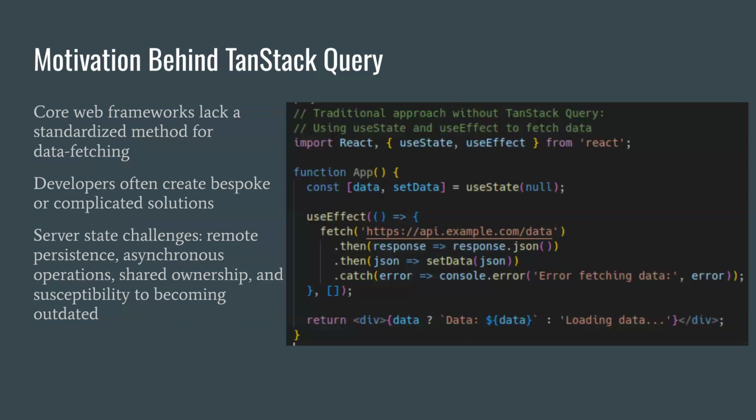And these factors can make managing server state particularly tricky. And here is an example of making an API call using fetch without using a library like TanStack Query. And you will need to use useState and useEffect to fetch data.